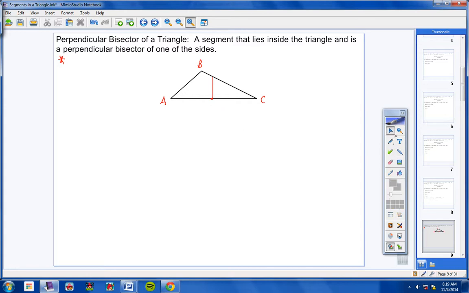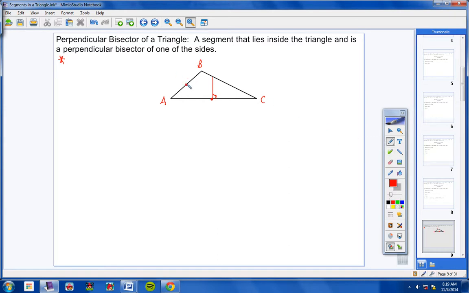How do I know that? Well, let me show you. The point right here is right in the middle, and it's 90 degrees right here. Now let's draw another perpendicular bisector. Let's go to this side here and find the midpoint.